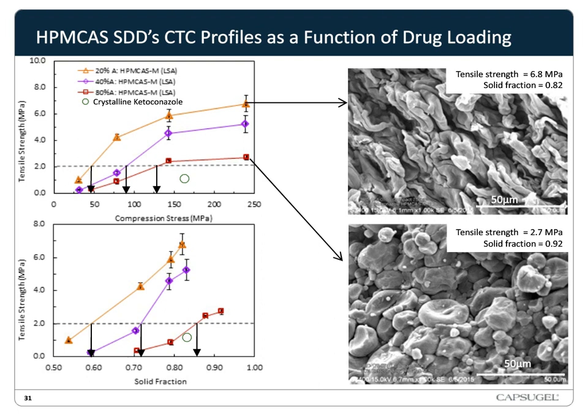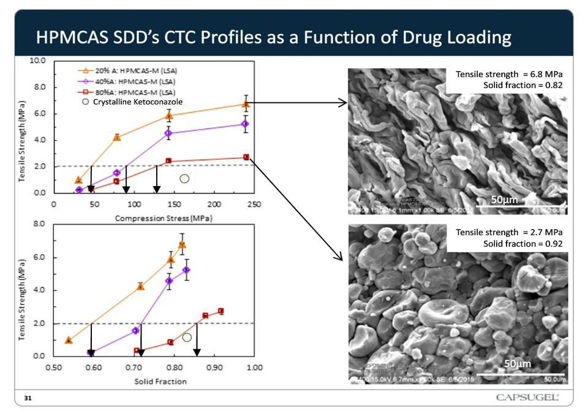So in general, we can say that tabletability improves with drug loading, and this is indicated by the black arrows on the upper plot, which represent the compression stress needed to achieve a 2 megapascal tensile strength tablet. And really, this seems to be related to the malleability of the SDDs by inspection of the SEMs.